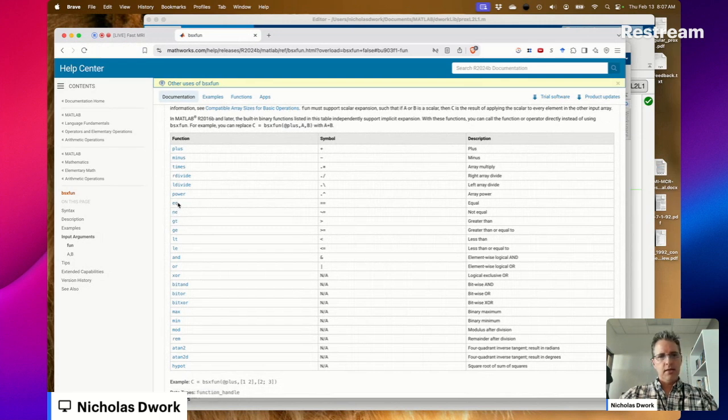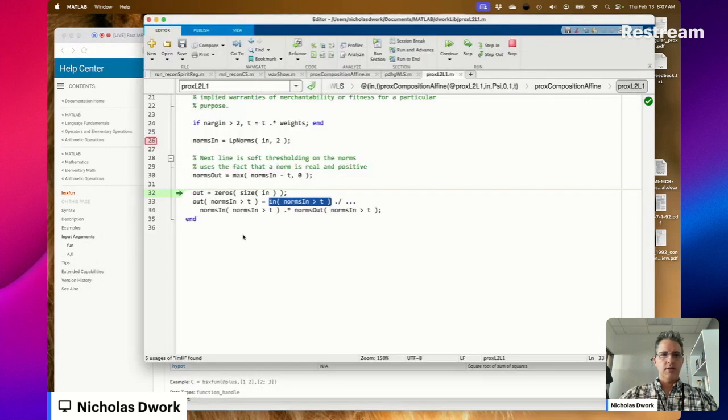That might do it. I think that's going to allocate memory though. Yeah, I don't think that's going to do what I want.